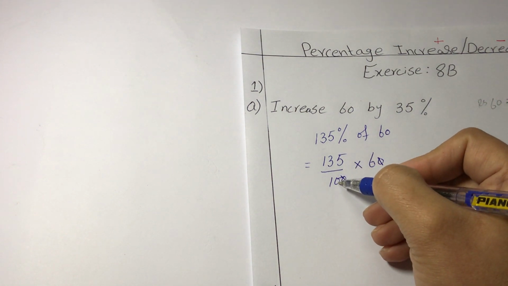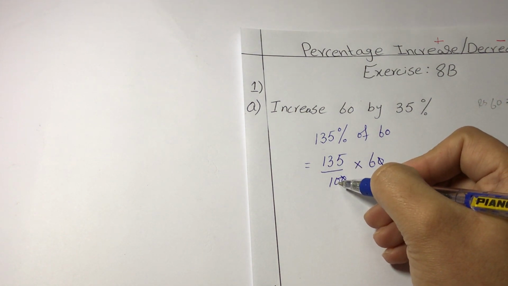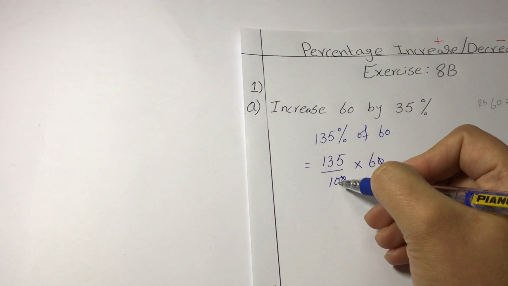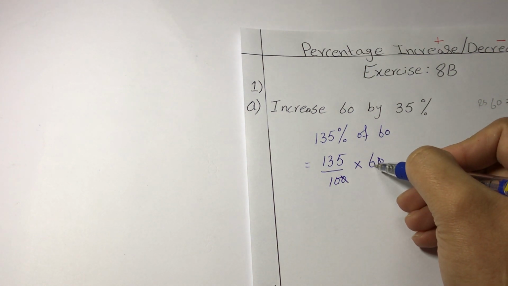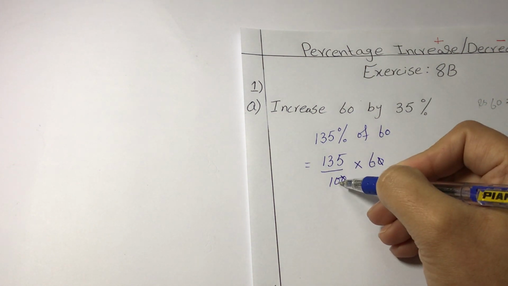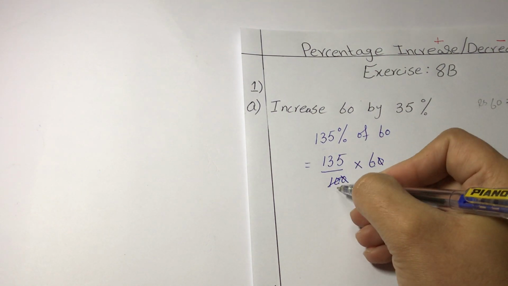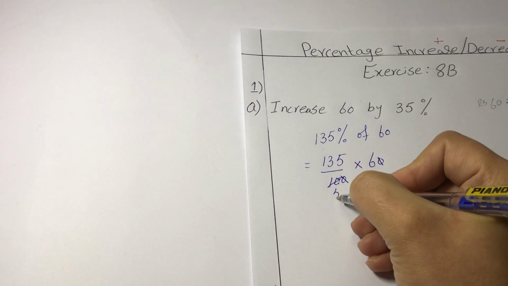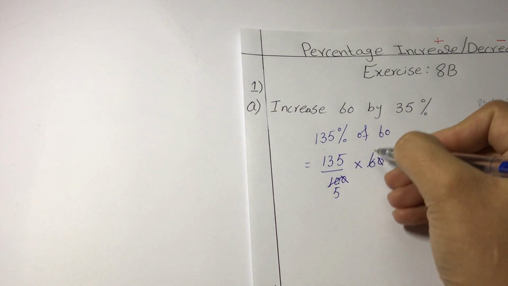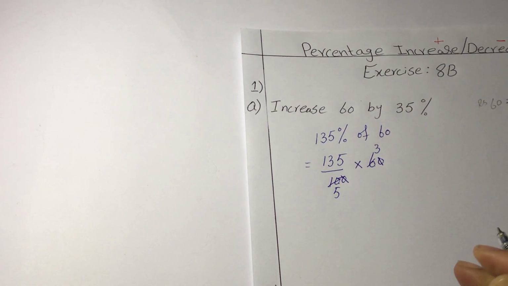Now, you can see the last digit of 100 is 0 and 60 is also divisible by 10. If the last digit of a number is 0, it's divisible by 10, right? So I can do the simplification. 2 5s are 10 and 2 3s are 6.